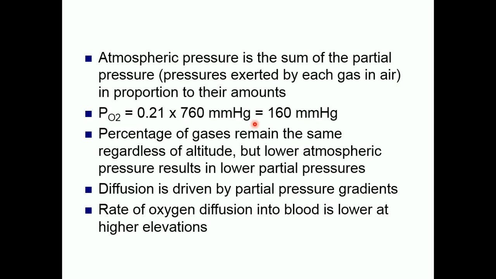Now that means that if in the atmosphere we have a lower partial oxygen pressure at high elevations, the rate of diffusion will be much slower. So not only is there less oxygen around, but diffusion will be slower.